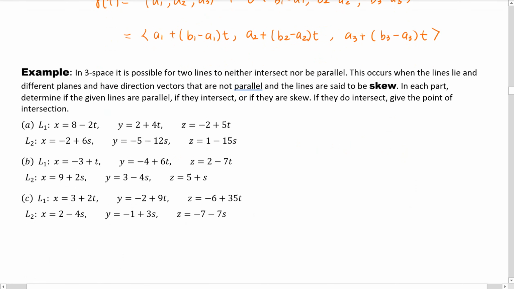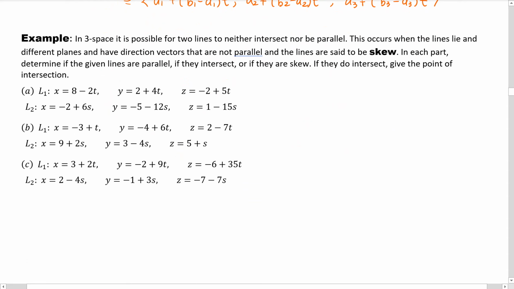Next example. In three-dimensional space, it is possible for two lines to neither intersect nor be parallel. This occurs when the lines lie in different planes and have direction vectors that are not parallel, and the lines are said to be skew. In each part, determine if the given lines are parallel, if they intersect, or if they are skew.